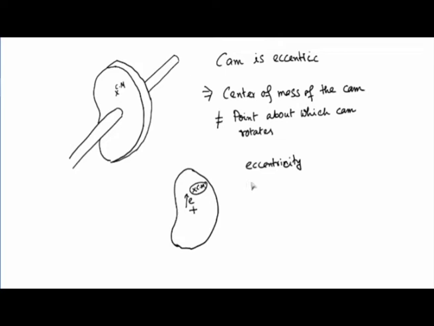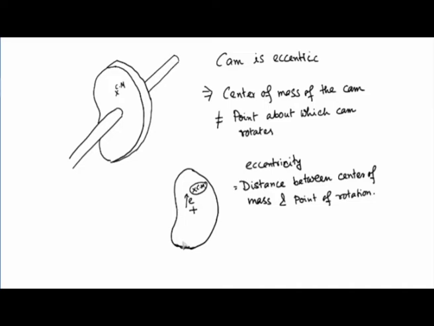So eccentricity means the distance between the center of mass and the point of rotation. Okay. So obviously if you don't have an asymmetric mass like a cam, if you have a perfectly circular disc, then you should not expect this sort of a situation.